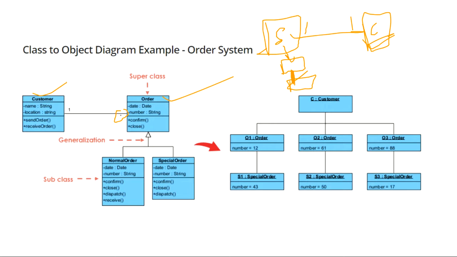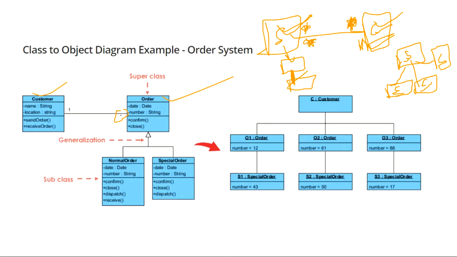Instead of that, suppose there is a star here, it means a student can have multiple courses, means one object of class student can interact with multiple objects of class course. Okay, suppose one is here and star is here.